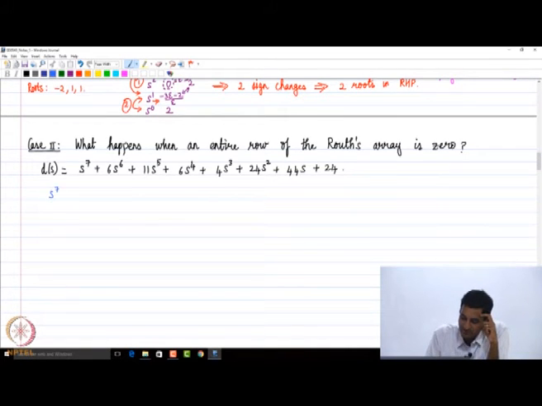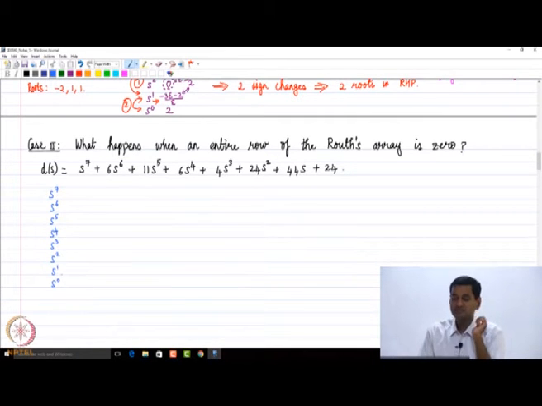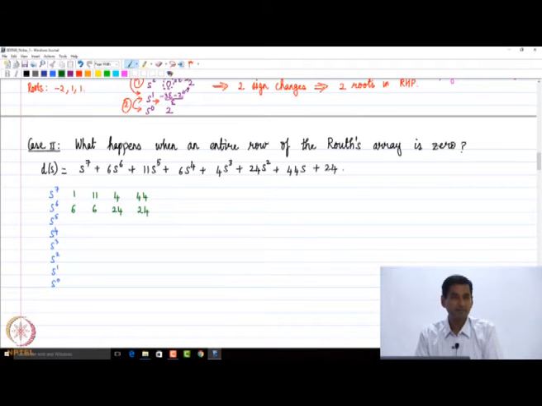Let us write down the powers of s, and you help me in constructing the Routh array. We fill in the entries in the first 2 rows: 1, 6, 11, 6, 4, 24, 44 and 24. Now, starting from the s power 5 row, what am I going to get?